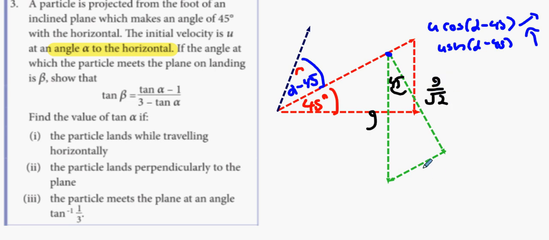G sine 45, which is also G over root 2. So that's G sine 45 and G cos 45. All right, 4 equations.